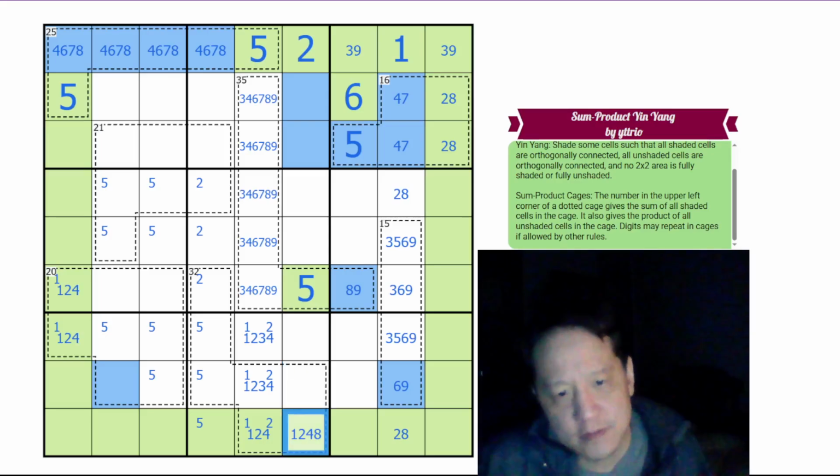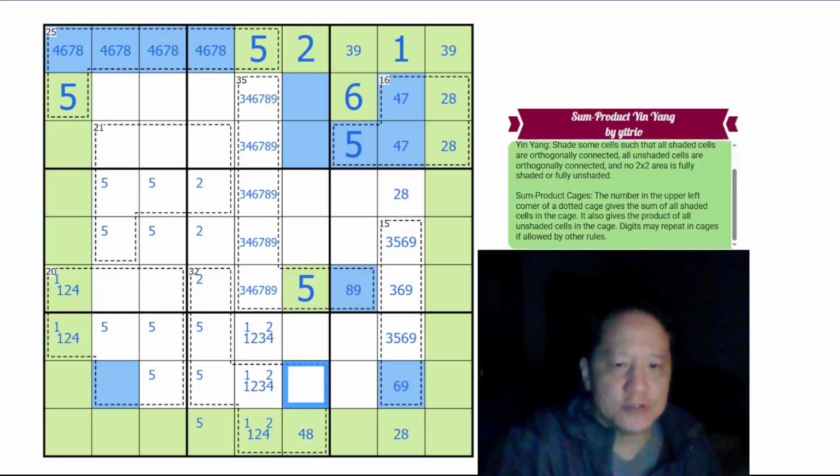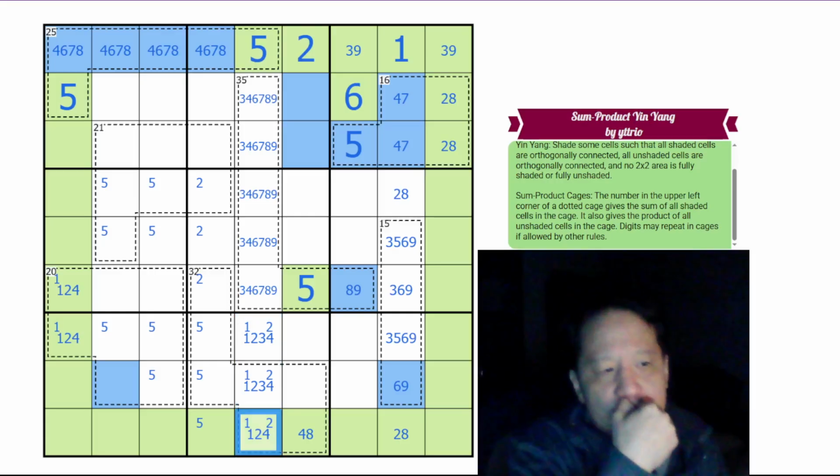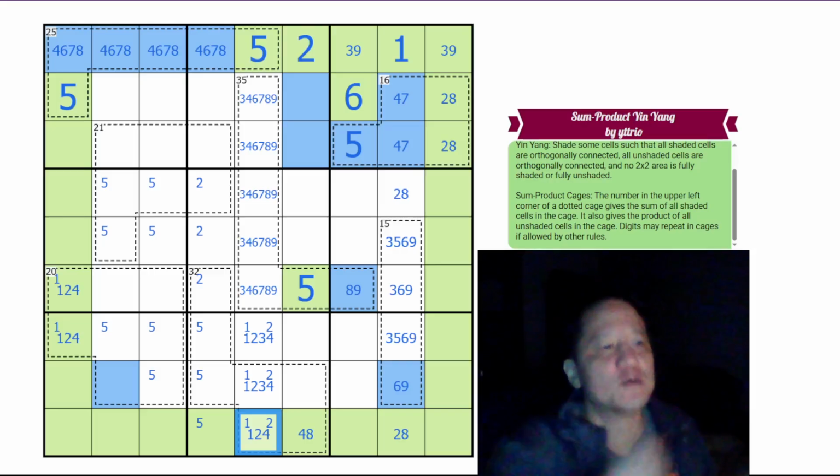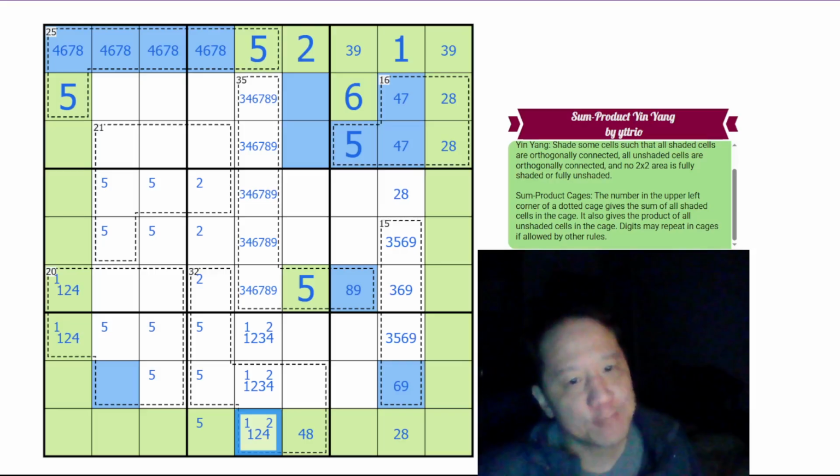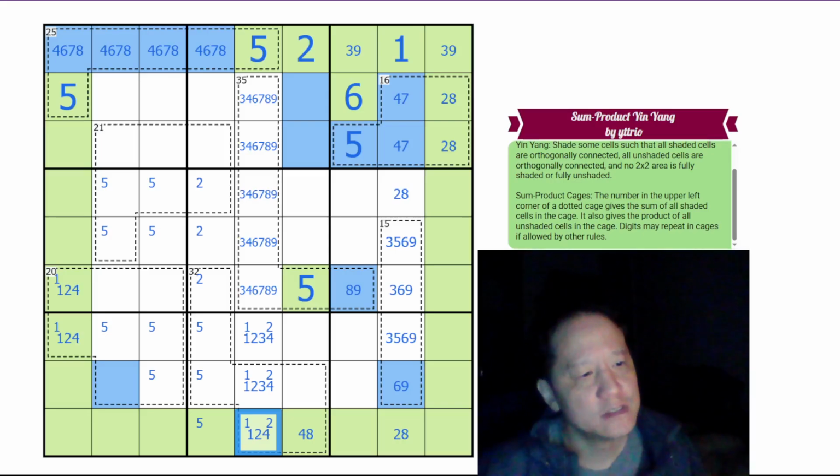That's it. Obviously, this can't be 1 or 2 because of the... you could have 2 times 4 times 4. So to multiply to 16... or sorry, to 32. Oh. You could have 4 times 8.